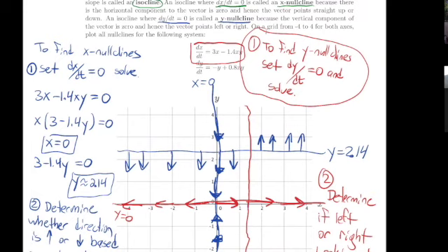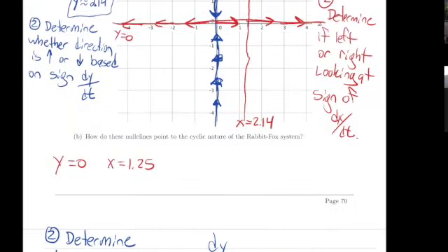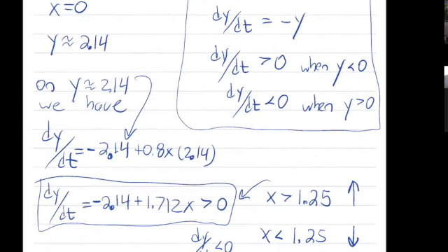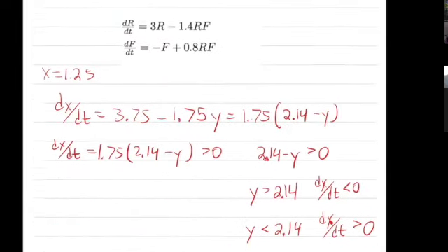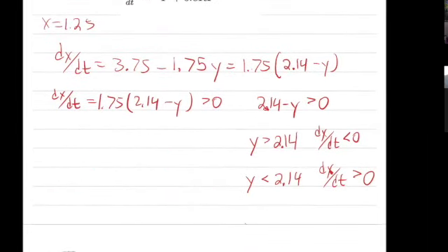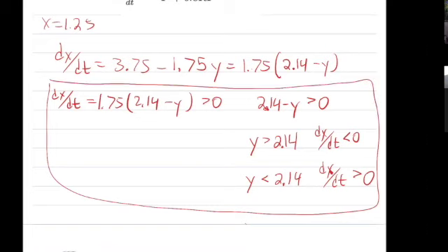Did anybody have any questions about that? And I did the work down here for figuring out the direction along the line x equals 1.25. So you would plug 1.25 into that differential equation.